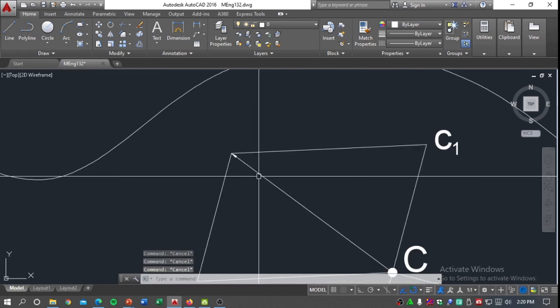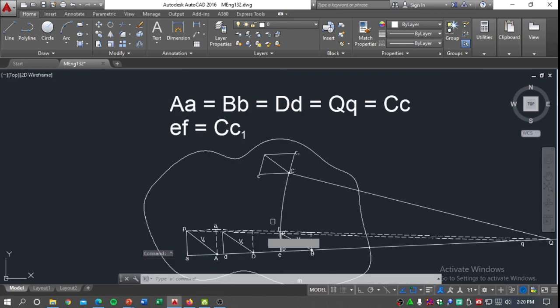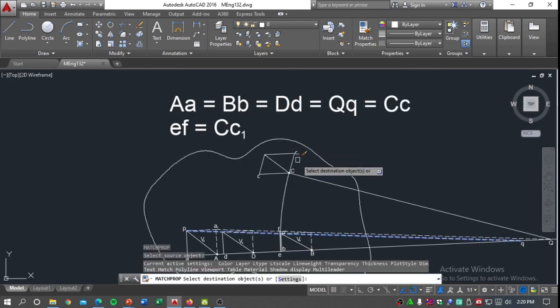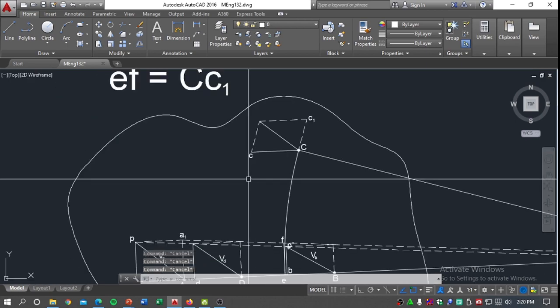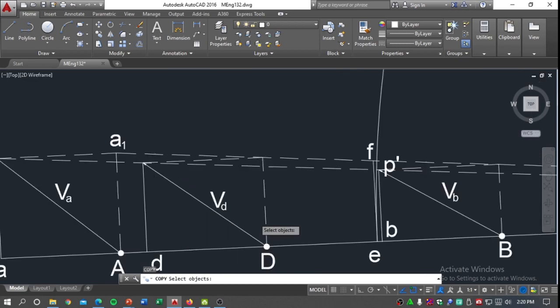And thus we obtain this velocity vector. Okay, so we have to finalize this.